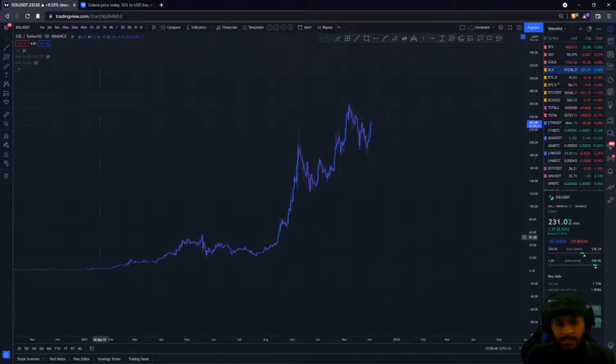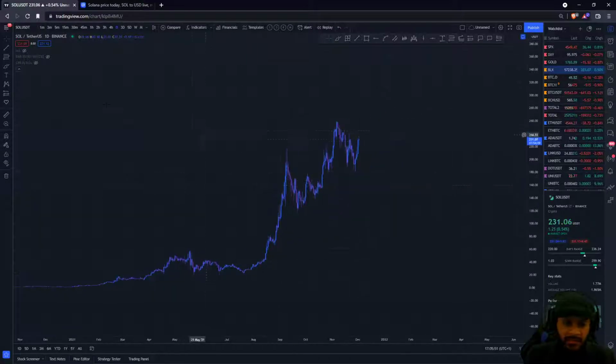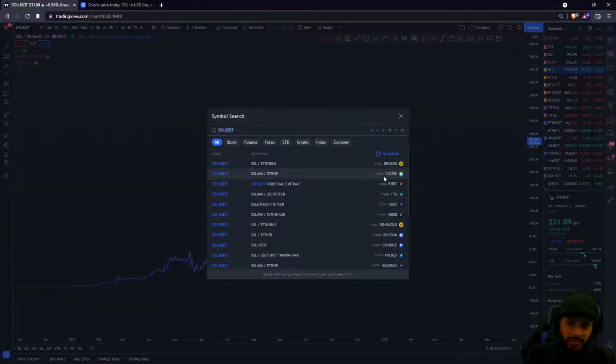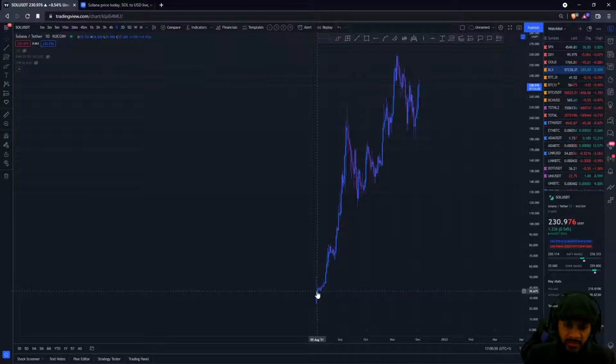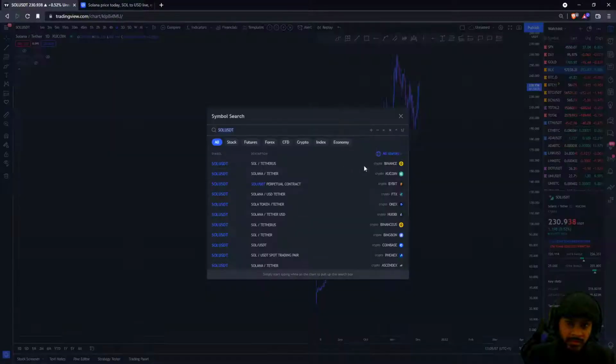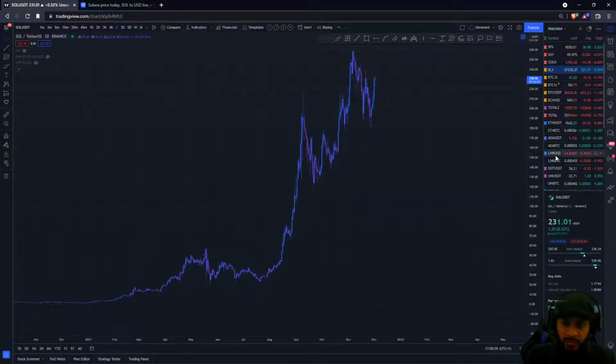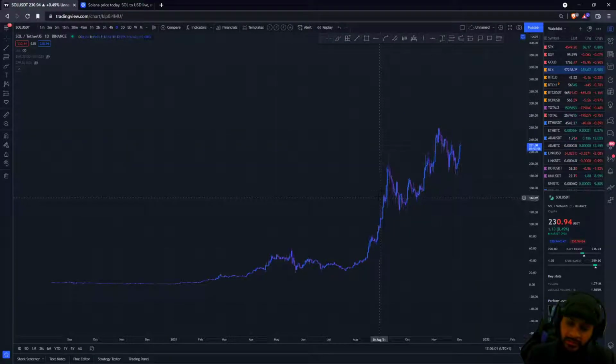So that's why you don't have all the data. That's the reason you should check multiple charts so you have more historical data. Look, this one goes to August 2021, so I prefer this one. More historical data means the better our analysis would be.